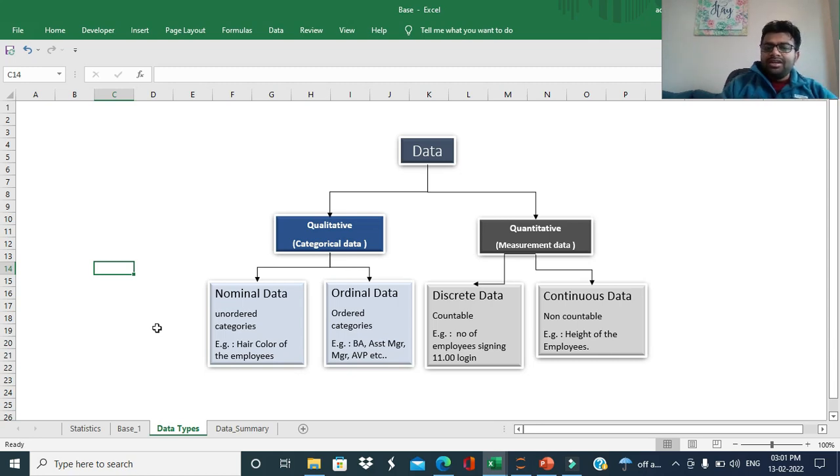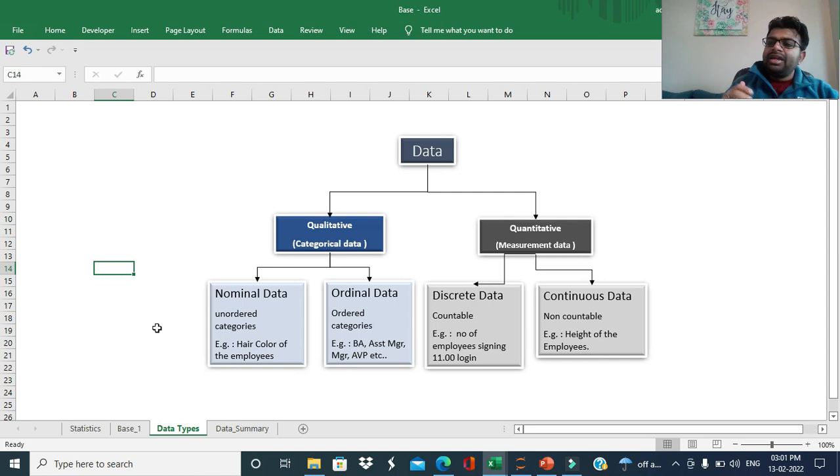Nominal data points, as you can see, are purely categorical variables which have unordered categories. For example, we have gender, we have different states. All those categories of the variable we can consider as nominal data points. And ordinal data points are again categorical variables, but there is a certain order you can interpret, right?